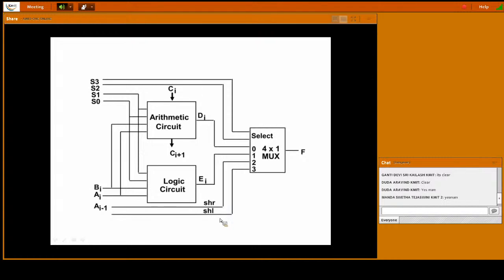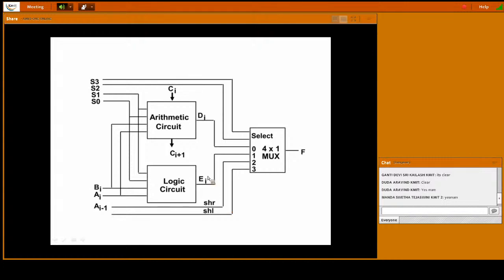In shift micro operation, you again have two types: right shift, which is your third input, and left shift, which is your fourth input. So it is provided with 4 inputs. That is the reason you are considering a multiplexer of size 4 by 1. You already know that if the size of the multiplexer is 4 by 1, you should have 2 selection lines. Here I have represented them as S2 and S3.